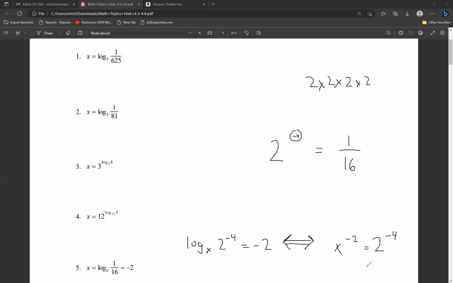If we rewrite the right side as 2 squared raised to the -2, and we're just going to rewrite the left side. Is this line and this line the same thing?